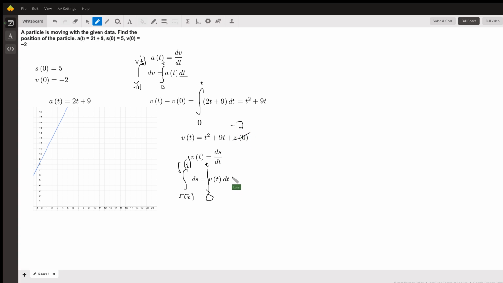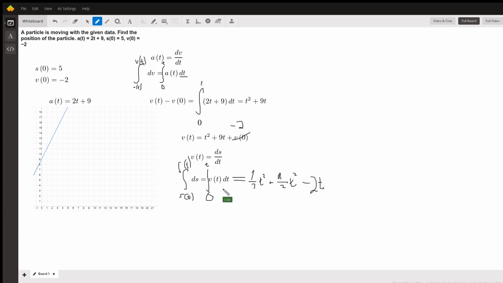That's kind of important to this next step, because we're going to be integrating that from 0 to t, using power rule, t squared integrates to 1/3 t cubed, and then power rule again, t integrates to 9/2 t squared, and then integrating the constant makes it minus 2t.